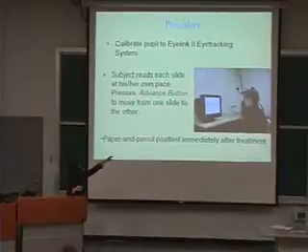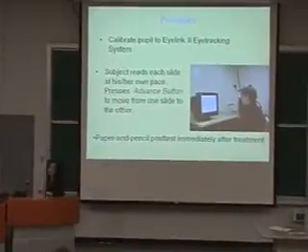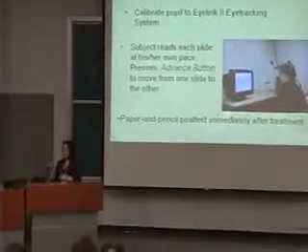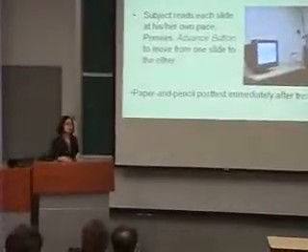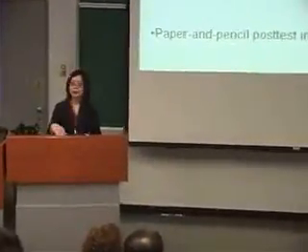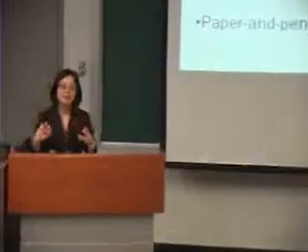This is a picture of the eye tracker and the monitor that the subject would look at. We first had to calibrate the subject's pupils to the eye tracker. This is a head-mounted eye tracker. Now, SR Research has a chin rest, which actually makes the calibration process much simpler. After we calibrate the pupils to the eye tracker, the subject read each slide.